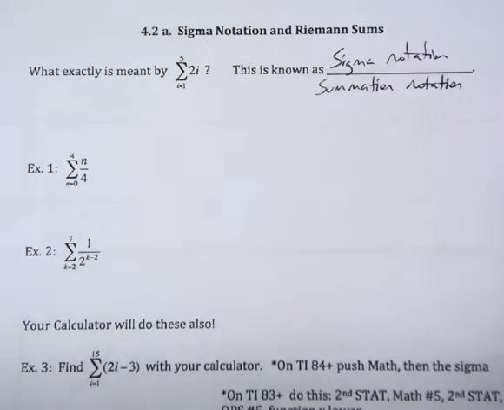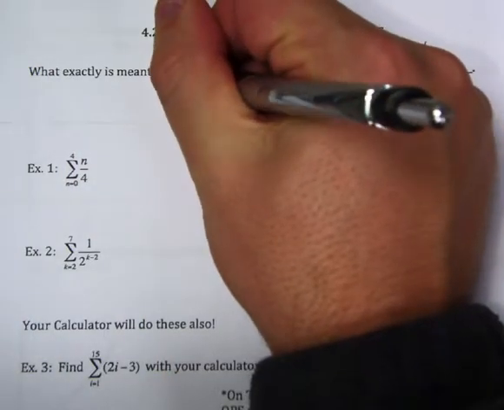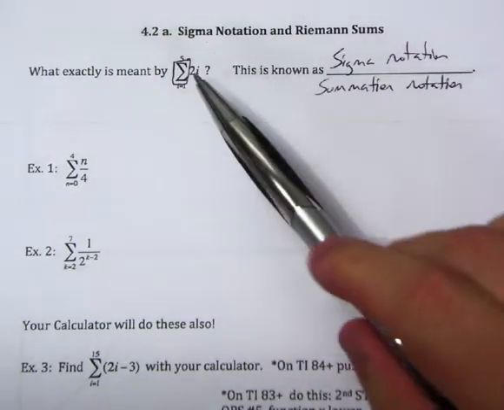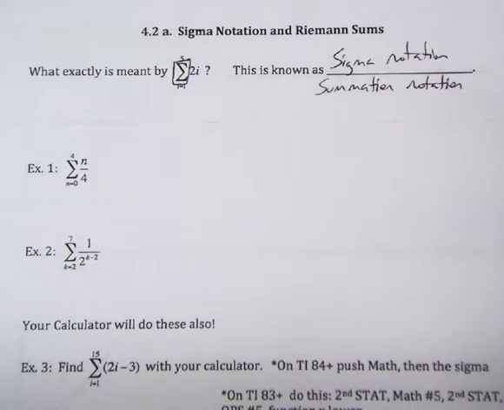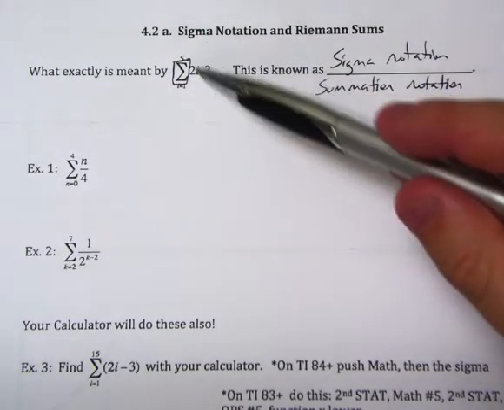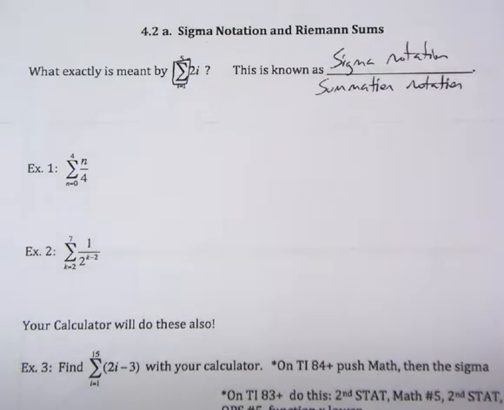You do some of it in pre-cal as well. But remember, when you see sigma, this is a command to you to add numbers together. That's what sigma means. It means I want you to add numbers together. And now you need to think, well, okay, how many numbers do you want me to add and what numbers do you want me to add? And that's what all the information around sigma is giving you.